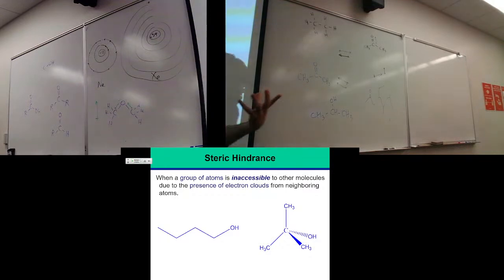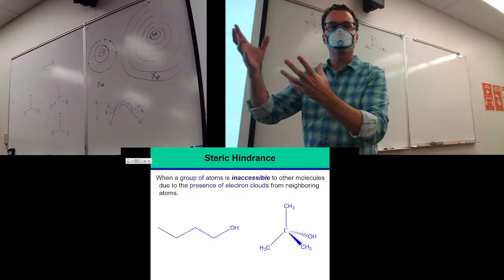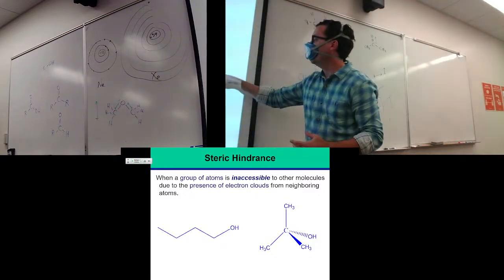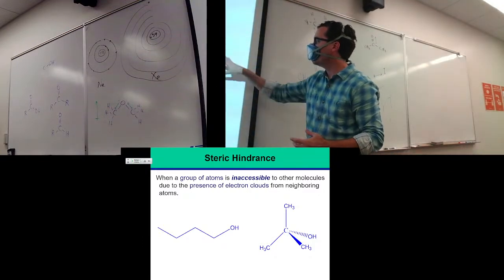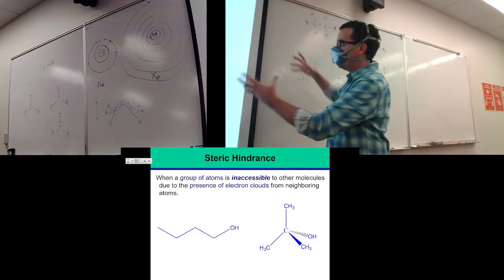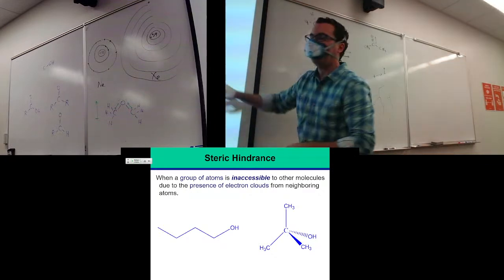So this is where you got to start thinking a little bit more three-dimensionally. When another molecule wants to interact with this one and be attracted to this OH, it can come in from a lot of different directions. But this one, if another molecule of this kind wants to come and interact with this OH, first of all, the other molecule has to be oriented the right way, and it has to come in from a very specific angle.